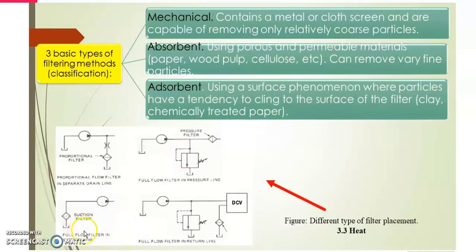For the full flow filter in the suction line, this one is to filter the contaminant before entering the system. And for the full flow filter in the return line, this one is used in systems that do not have a very large reservoir to permit contaminants to settle to the bottom.